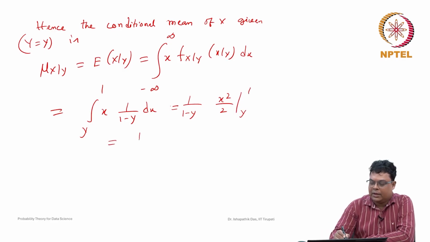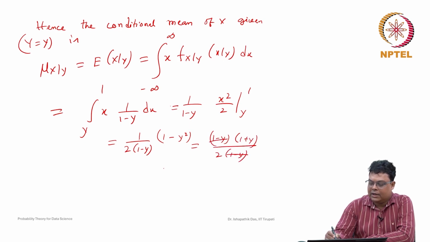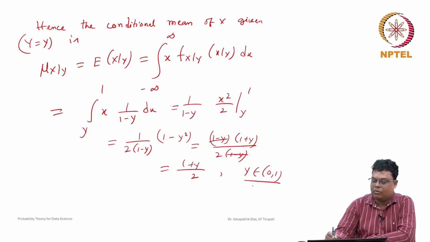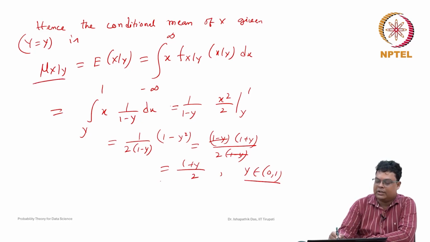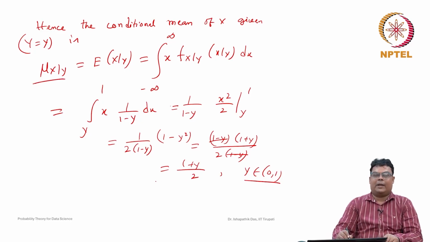Then this is 1 by 2 into 1 minus y, times 1 minus y square. It can be written as (1 minus y)(1 plus y) by 2 into (1 minus y). So this cancels, and this is 1 plus y by 2. Now this is for any y between 0 and 1. This conditional mean is also a function of y.